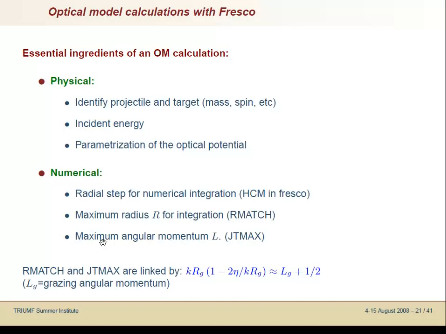There are two kinds of ingredients that we have to provide Fresco with. There are of course the physical ingredients of our problem. We have to identify who is our projectile, our target, their masses, the angular momentum, so the physical things. Of course, the incident energy, and then in the case of the optical model, we have to give in some way some optical potential.